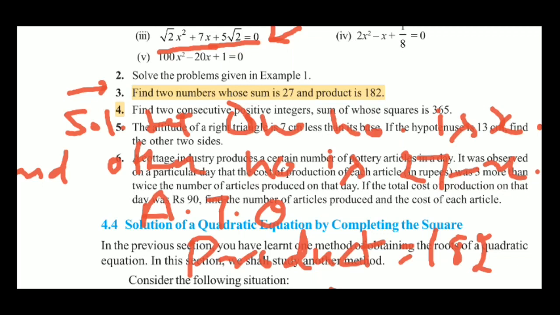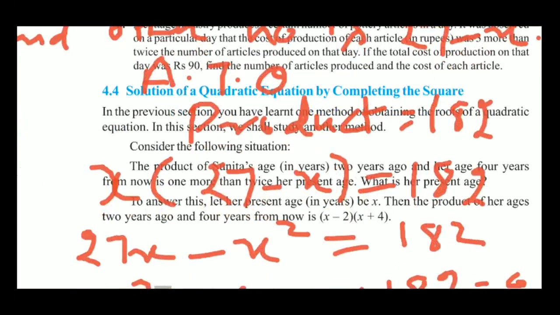This is given. So let us suppose one of the numbers is x, therefore the other number is 27 minus x. Now according to the question, the product of these two numbers is 182. Now put the values of the given numbers. The first number is x and the other is 27 minus x, which is equal to 182.